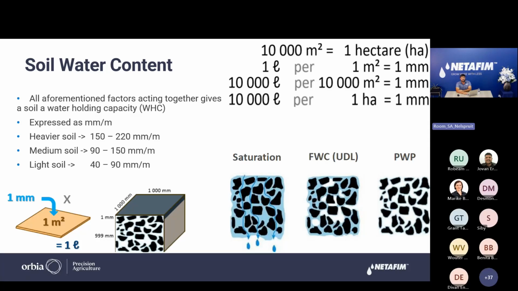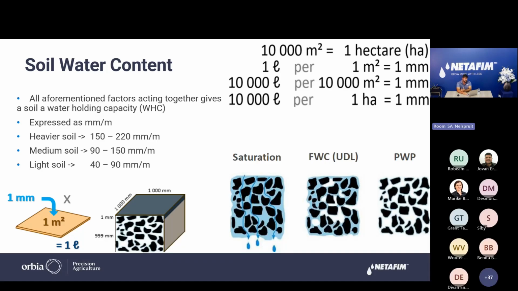So let's look at the larger scheme of things. Let's scale it up a bit, because talking about 1 square meter might sound a bit small. Generally, when we talk about agriculture, we talk about 1 hectare in South Africa, or in scales of hectares. Everybody knows that 1 hectare equals 10,000 square meters.